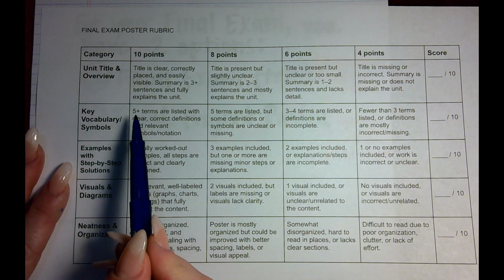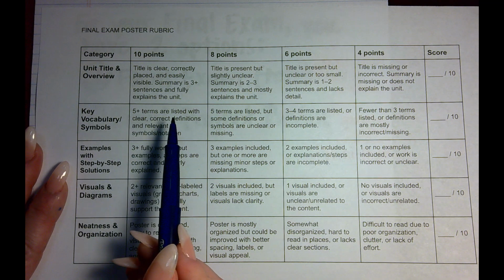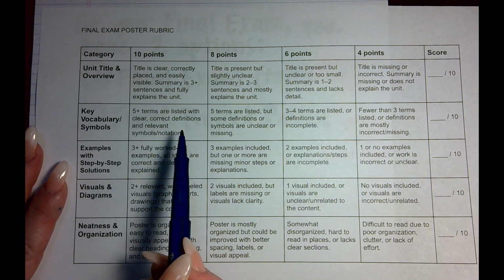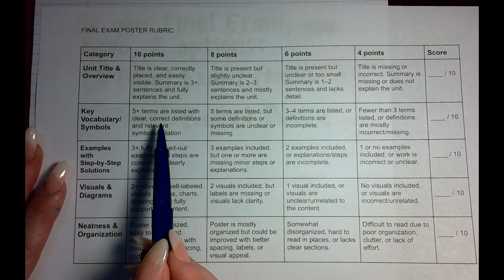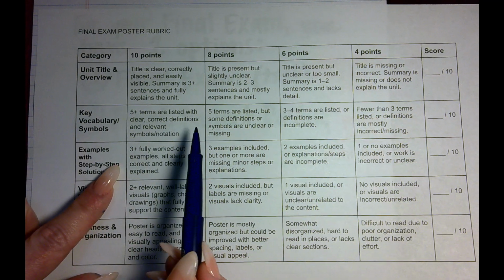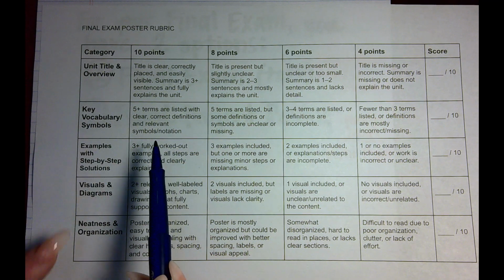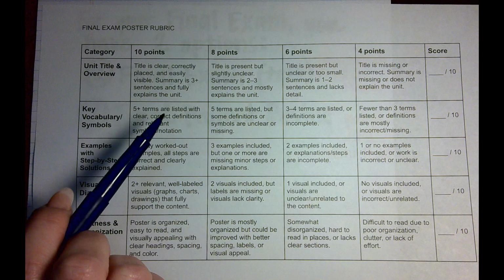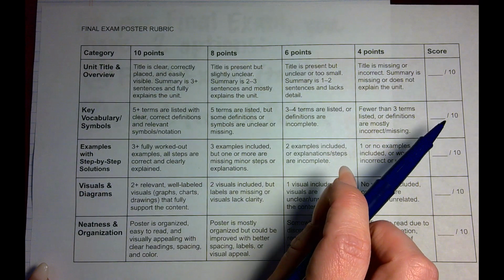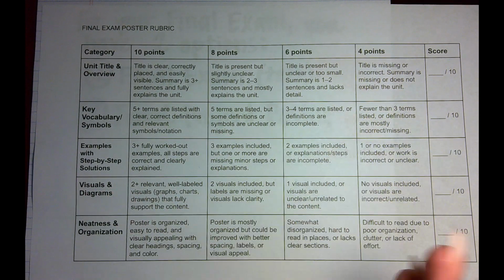You need to have at least 5 of these terms explained on your poster, making sure that you give the correct definition and that you explain them well. And the fewer terms that you include, the fewer points you will receive.